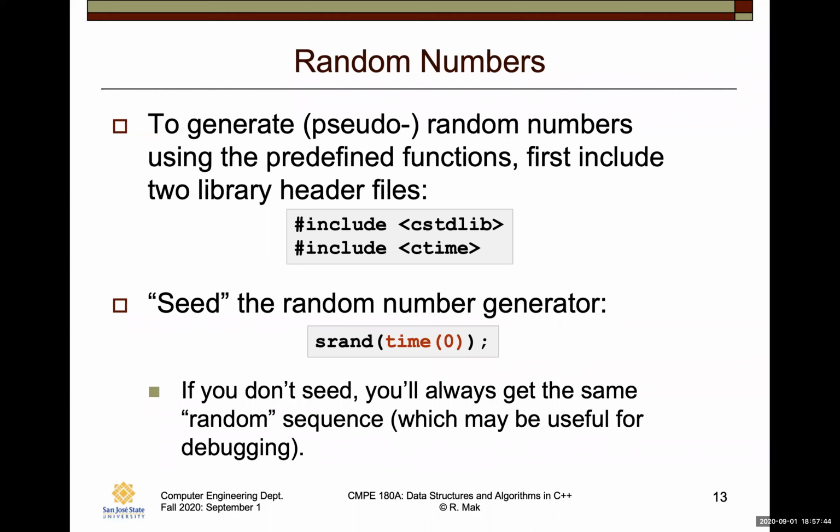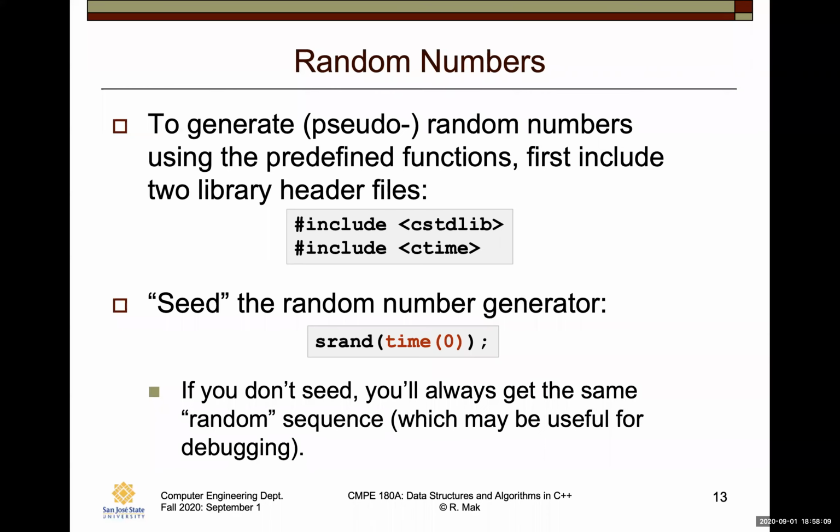Well, then you want to have the same sequence of random numbers so that you're guaranteed that bug will occur. Because often you'll have bugs that sometimes happen and sometimes don't, and those kinds of bugs are really hard to debug because it doesn't always happen.